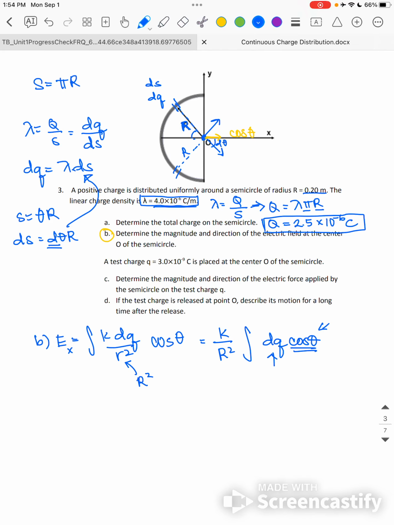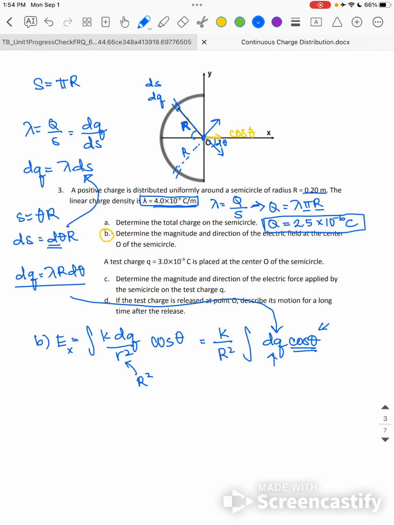I am going to take dq. Lambda is given to us, so that's a value we can use, and then I'm going to plug in r d theta into my dq, and that is going to be plugged into this expression.